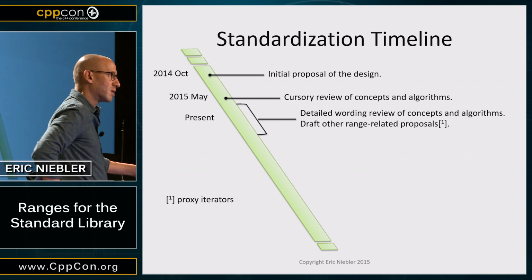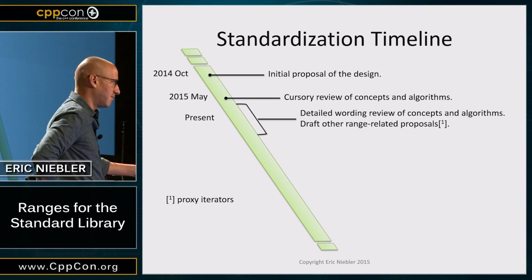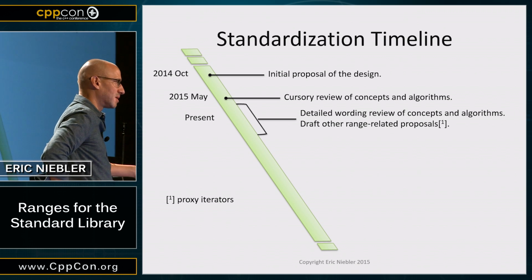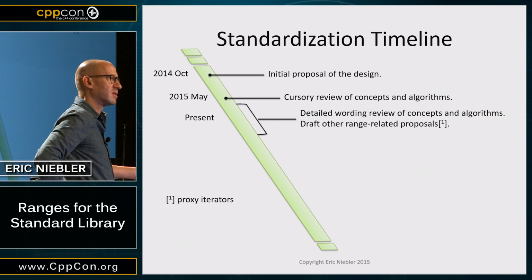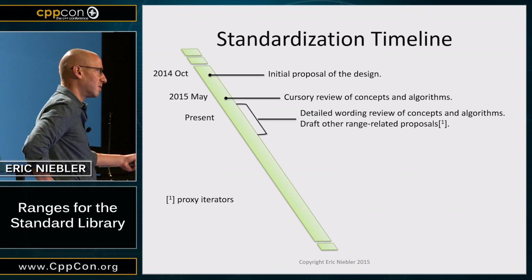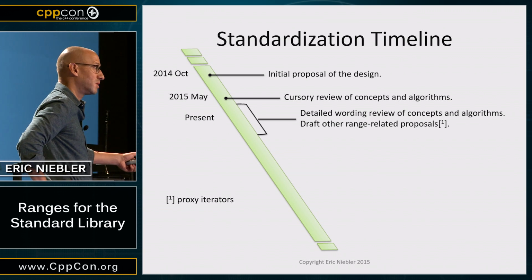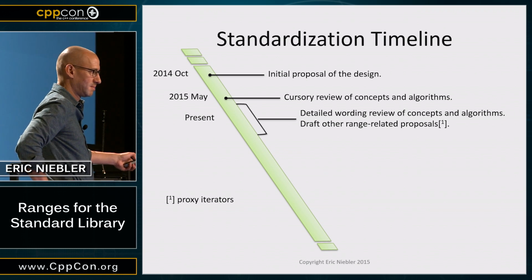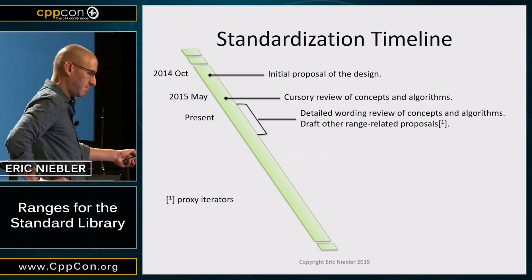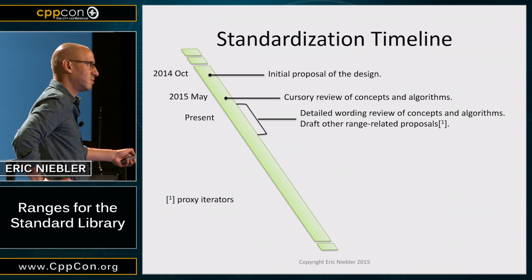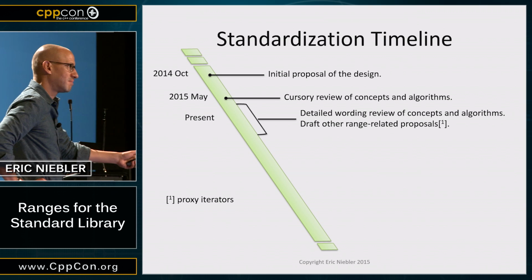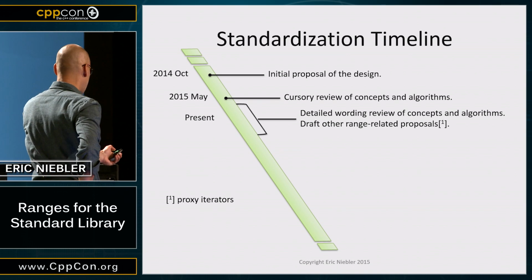That's going to be really important when we get to view adapters like the zip adapter, which, when you dereference a zip iterator, is going to return a tuple of references, which is a proxy type. So if we want the zip view, and I think we do, then we have to solve the proxy iterator problem, which is why I'm tackling that now.